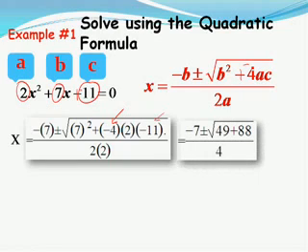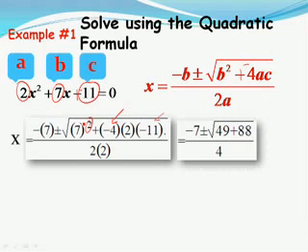My next step is simplifying the square root expression, and under the square root expression, we have to follow the priority of operations. First thing I have to do, I have to raise 7 to the second power, which is 49. My second step in simplifying under the square root expression is multiplying -4 times 2 times -11, which becomes positive 88.